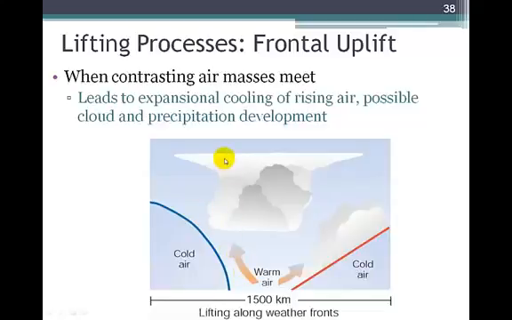And so we get cloud development and often storms in front of a cold front. And then here's a warm front that's moving in where cold air existed. And again, that warm air wants to rise up over the cold air, and as it does, we have that potential for cloud growth.